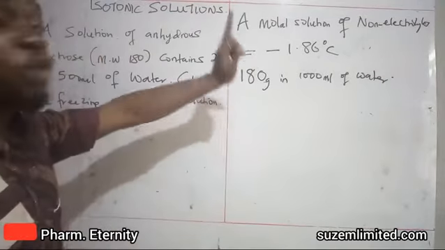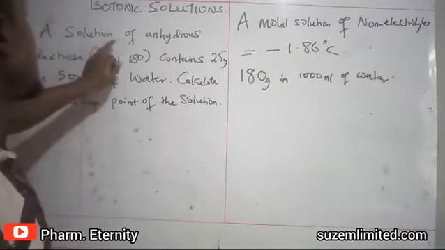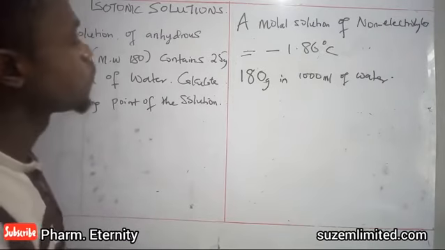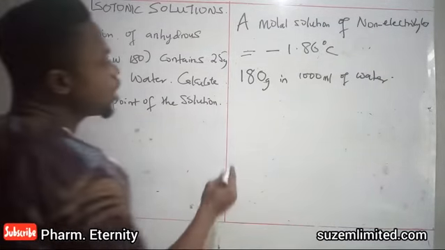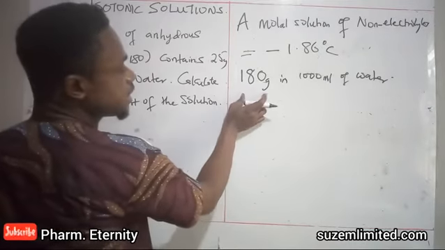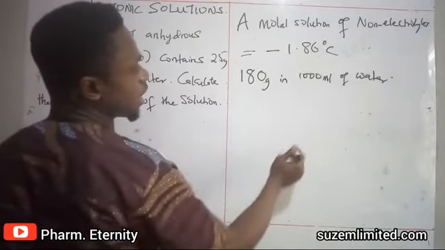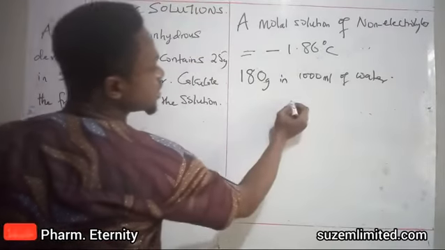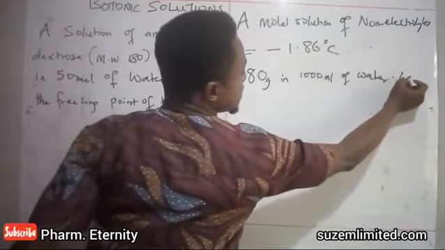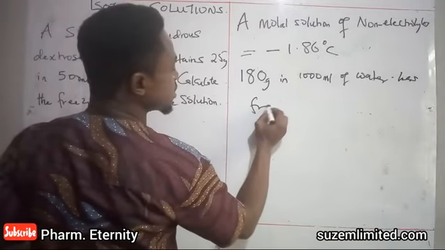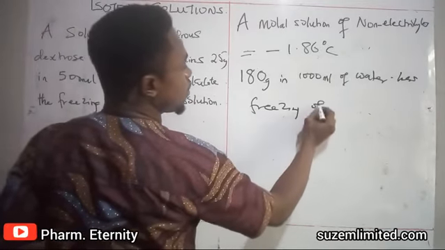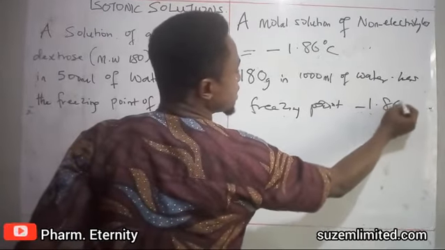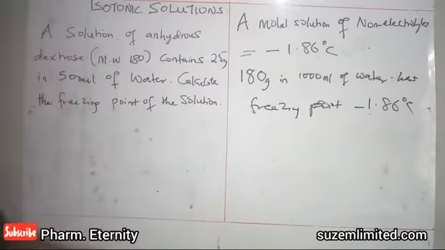This forms a molar solution of anhydrous dextrose. If 180 gram in 1000 ml of water, this molar solution has a freezing point of minus 1.86 degrees Celsius.